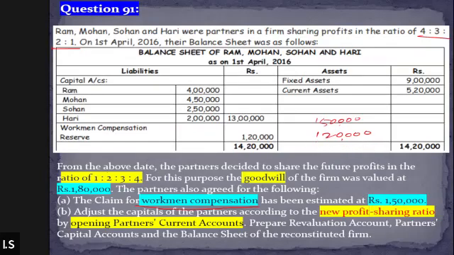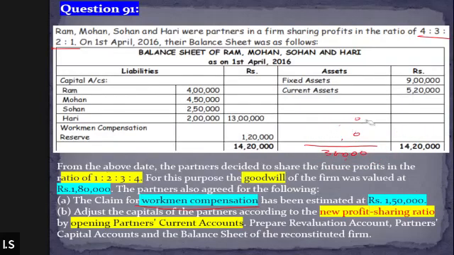In such a situation, the excess amount, which is 30,000, needs to be debited to the revaluation account. Since it is a loss, it will be debited to the revaluation account. We need to open a revaluation account. Everybody, is it clear? Yes, sir.